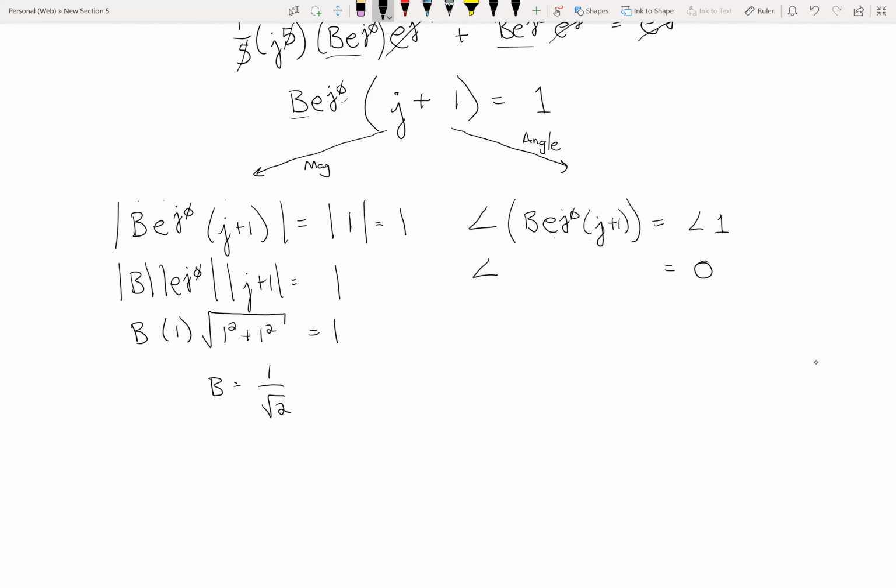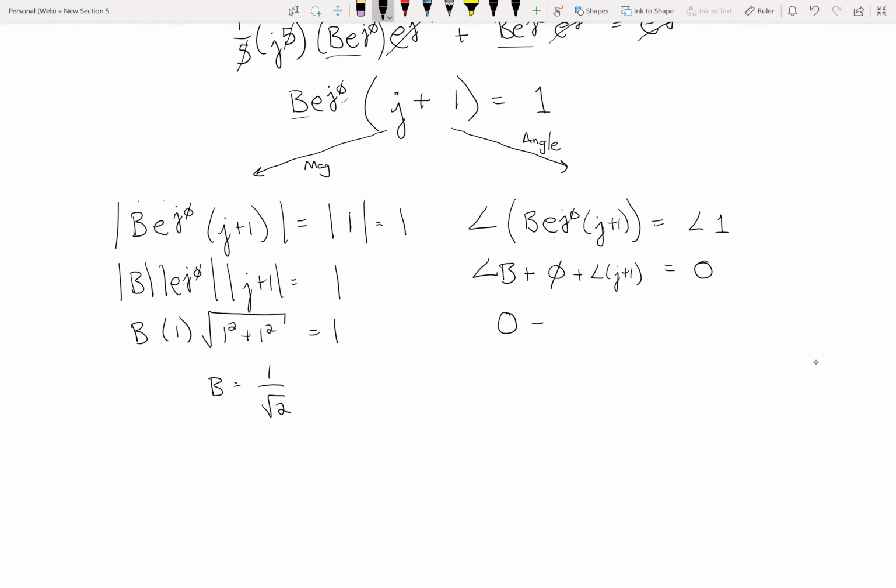So the angle of b plus the angle of e to the j phi, which is phi, plus the angle of j plus 1, like that. The angle of b is going to be 0 degrees because it's a constant.